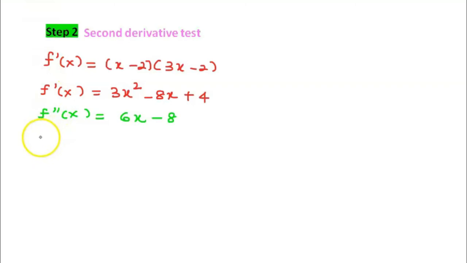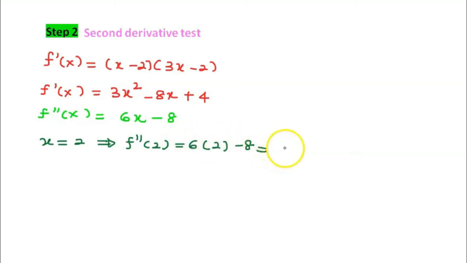For every critical number obtained, say we start with x = 2, f''(2) will be 6 times 2 minus 8, which is equivalent to 4. And we notice that this number is positive, greater than 0.